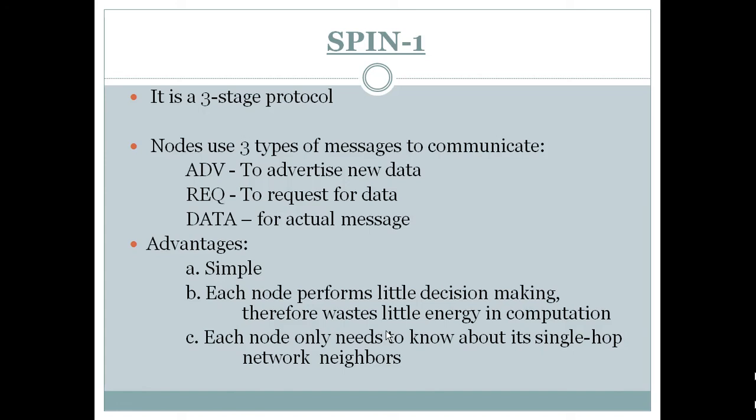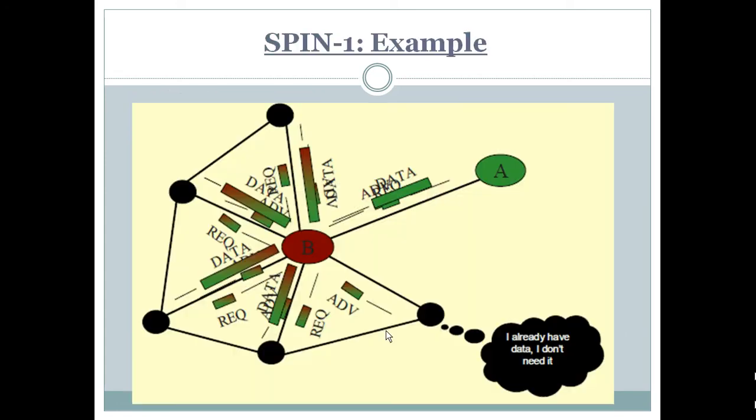Let's see, we have A, B, and other nodes also. The nodes which are colored as black circles already have the data and do not require it, so they are not sending any acknowledgement or request. These black nodes show that they have already received the data using the ADV, request and data messages.